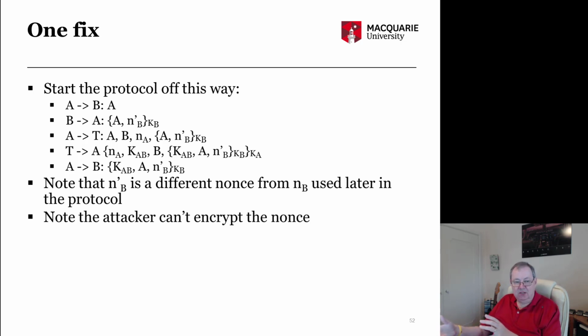He knows it's a request to start conversations between Alice and Bob and generate a session key for them. And because he knows Bob's key, he can take out that nonce, if he needs to. And what he'll do therefore is generate yet another message.